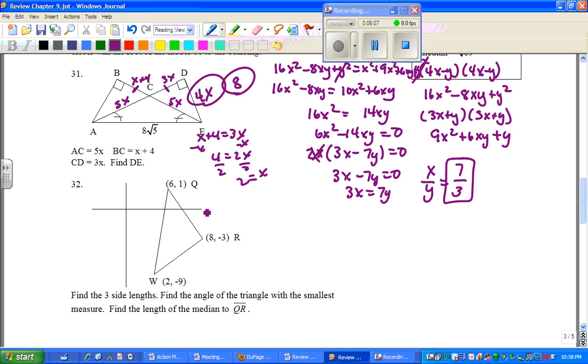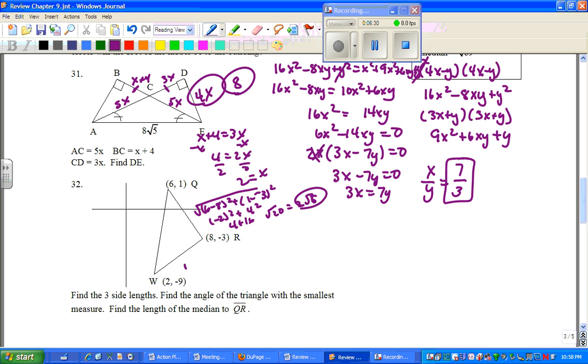Well, you got to use distance formula. So the distance formula here is 6 minus 8 squared plus 1 minus negative 3 squared. That's negative 2 squared plus 4 squared. So you get 4 plus 16, so you get the square root of 20, which equals 2 roots of 5 for that side.